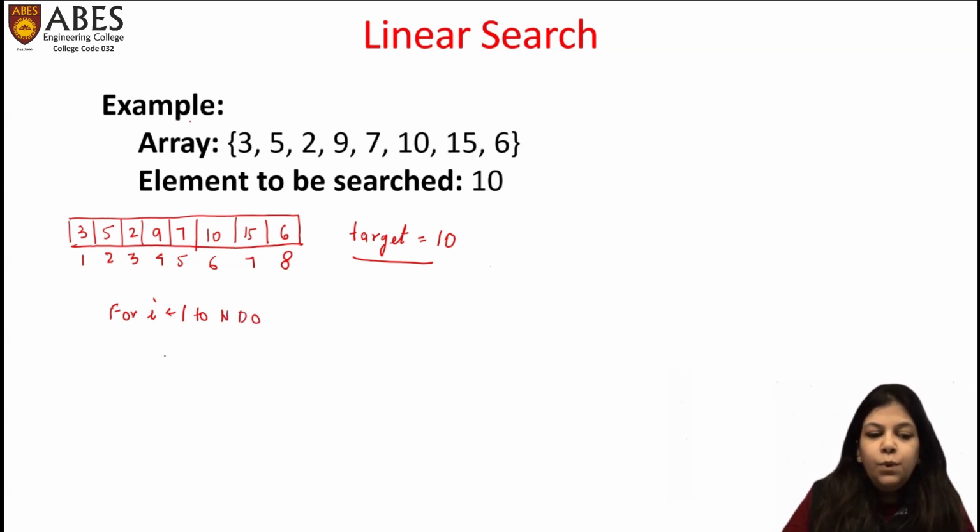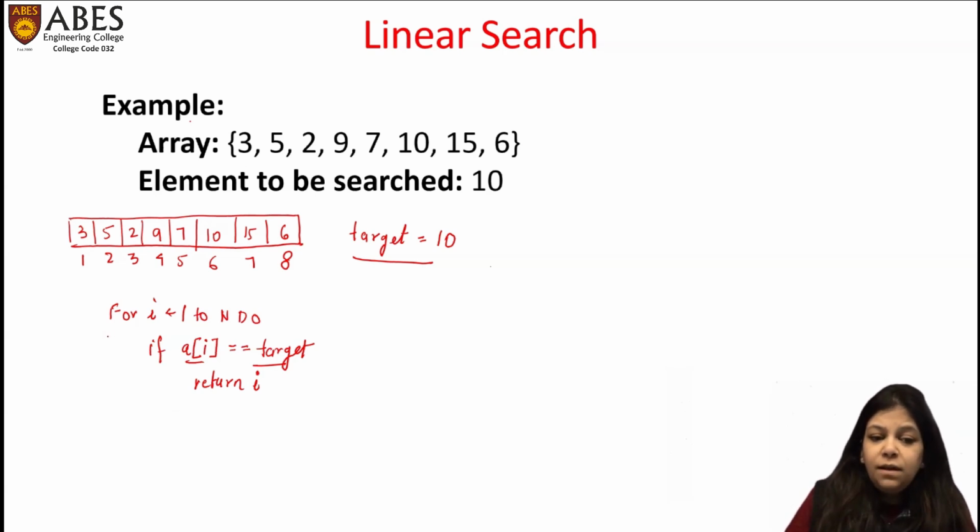What we have to do is simply check whether the element of the array, that is A[I], is equivalent to the target value or not. If these two values are equal, then we return the position, that is, the index, so we can return the value of I.